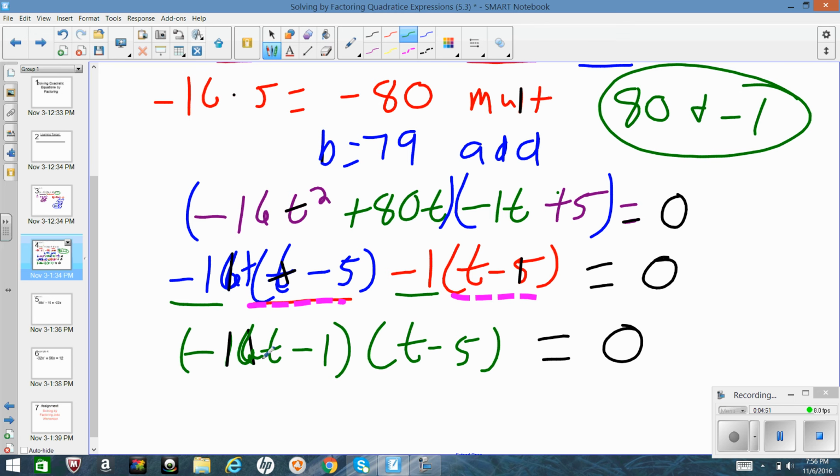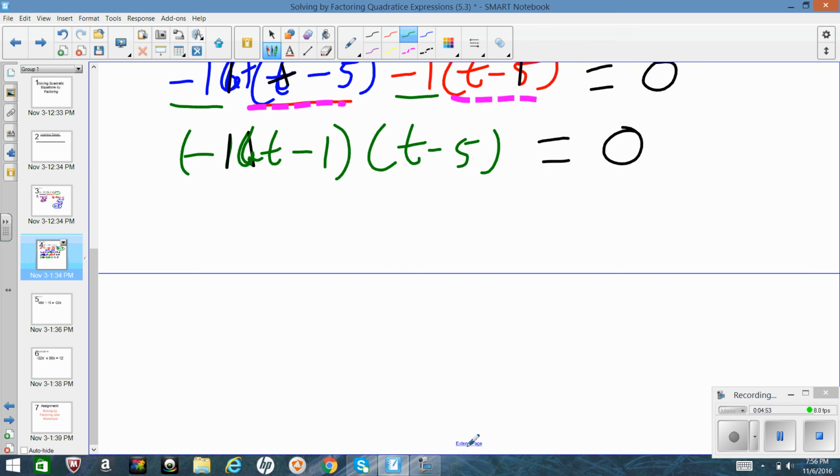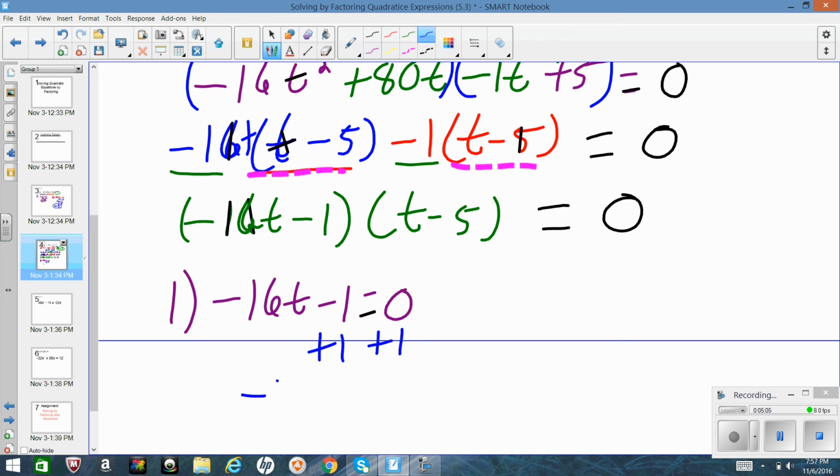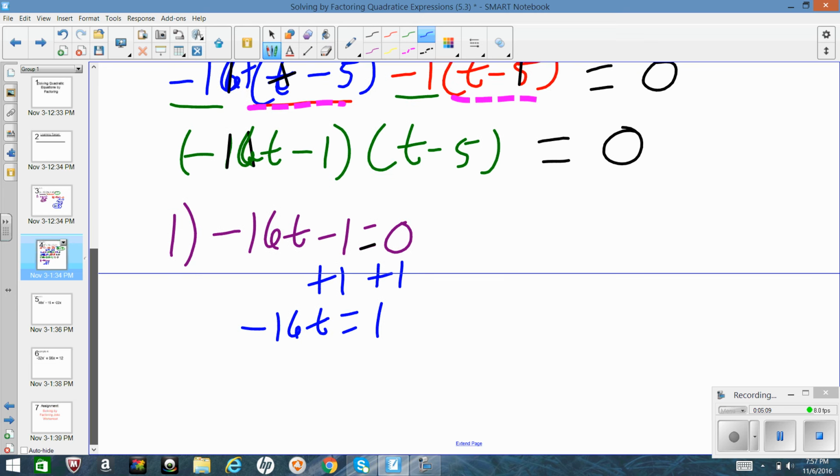Now I'm going to set both of these expressions equal to 0. My first answer: negative 16t minus 1 equals 0. I'm going to add 1 to both sides, so negative 16t would equal 1. If I divide by negative 16, t would equal negative 1/16.